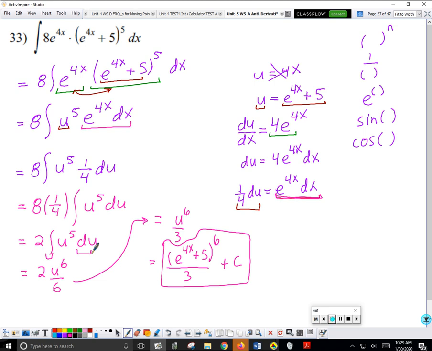On the homework tonight, the problems that at a glance look like they need U substitution, those are the ones that need U substitution.